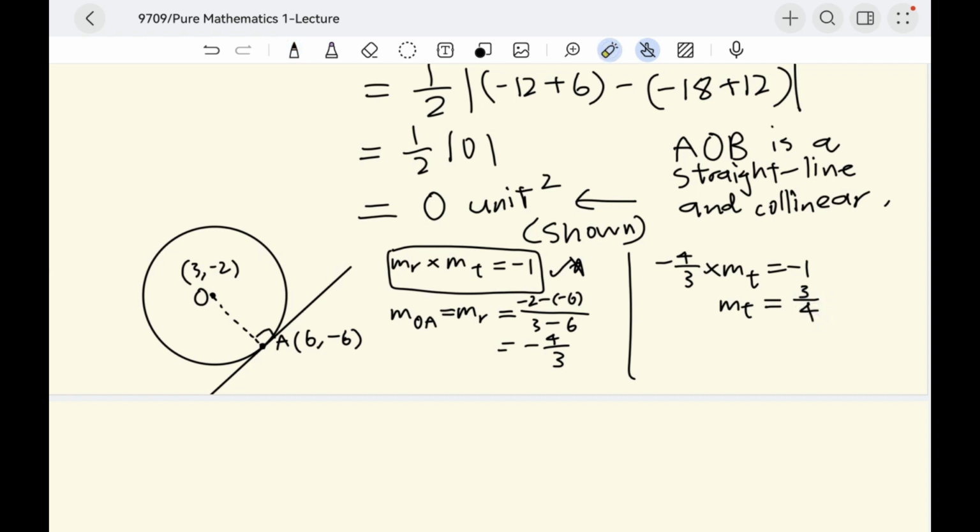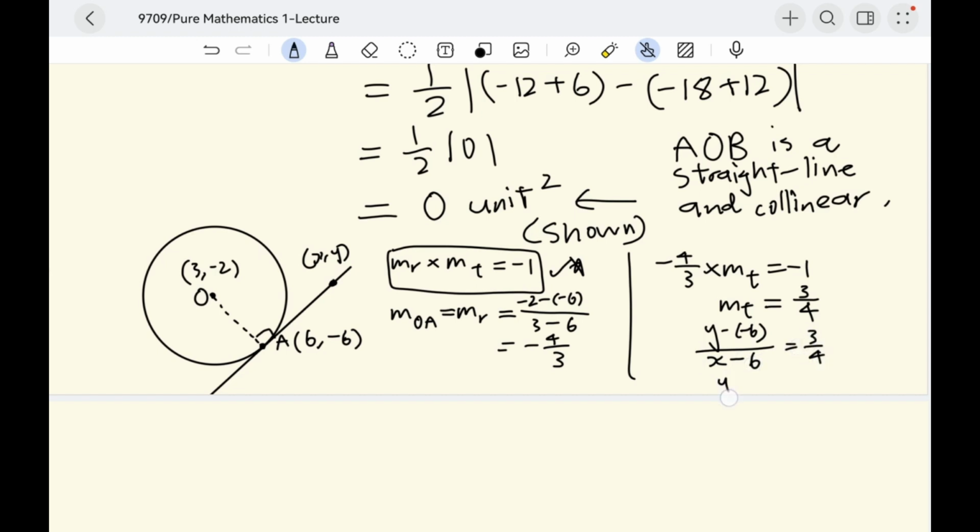Now express the gradient of the tangent in terms of x and y, since you have only one known point which lies on the tangent. Let's label any point on the tangent as x, y. So I have y minus -6 over x minus 6 equals 3 over 4.